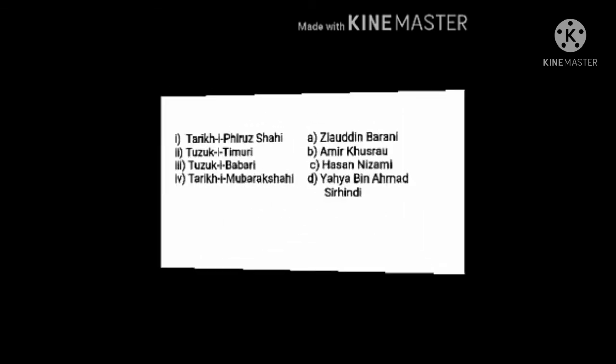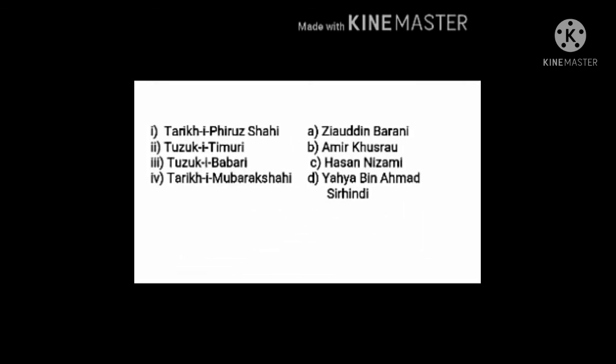Now let's read the fourth one. Tarikh-e-Firoz Shahi, Ziauddin Barani. Tuzuk-e-Taimuri, Amir Khusrau. Tuzuk-e-Baburi, Hasan Nizami. Tarikh-e-Mubarak Shahi, Yahya bin Ahmad Sirhindi.